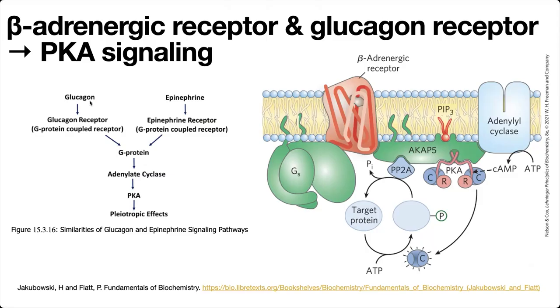Remember that your liver is going to have glucagon receptors, but your muscles don't. But your muscles are going to have these epinephrine receptors, and so does your liver. And so this is going to allow you to trigger the same processes, such as the breakdown of glycogen, in response to both adrenaline, which is the same as epinephrine, or to glucagon, which remember says glucose is gone. We've got low blood glucose, so let's break down some glycogen.